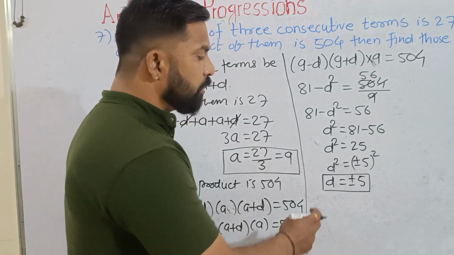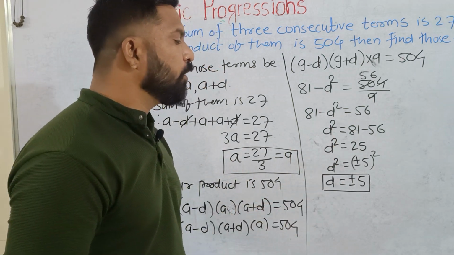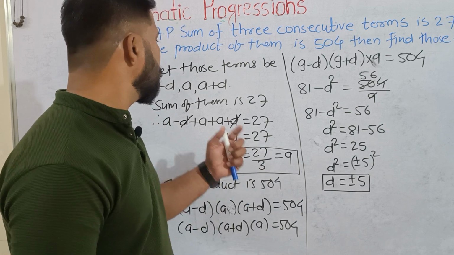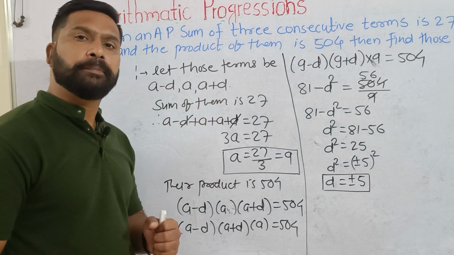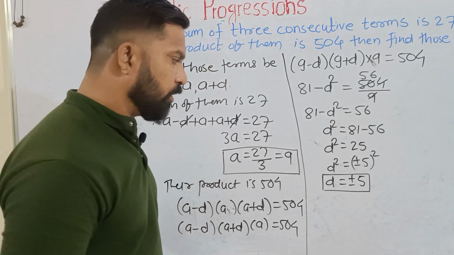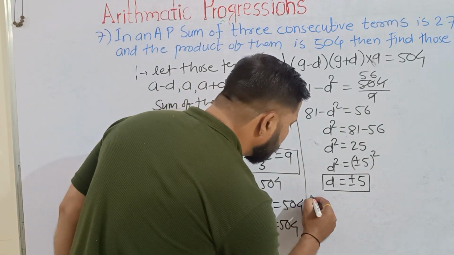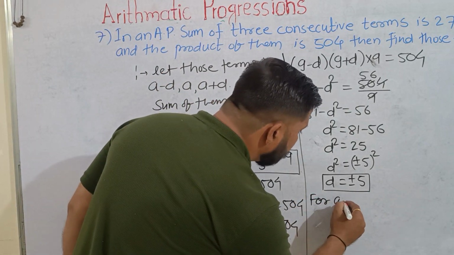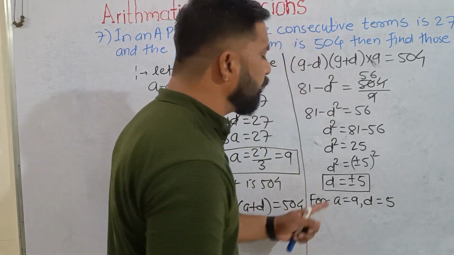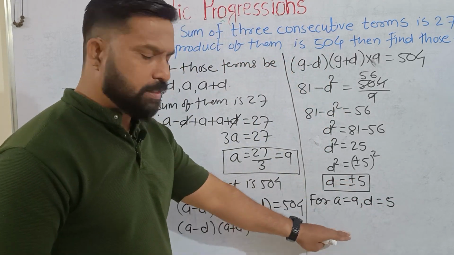Okay? This is d. Now will you tell me what was the first term? First term was a minus d. Let me write, for a equal to 9, d equal to 5. I am taking d as positive in this case.